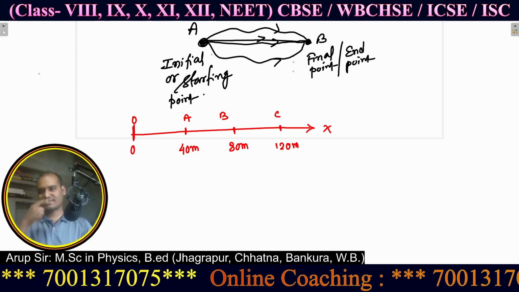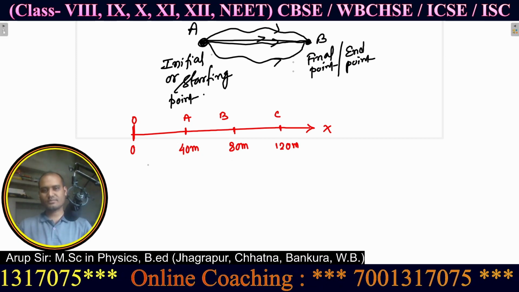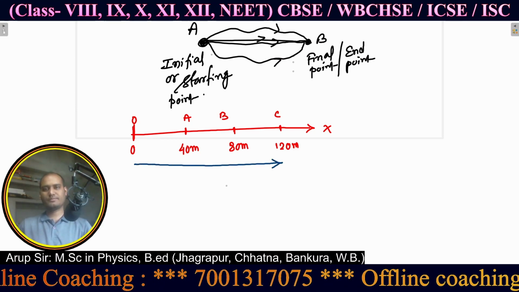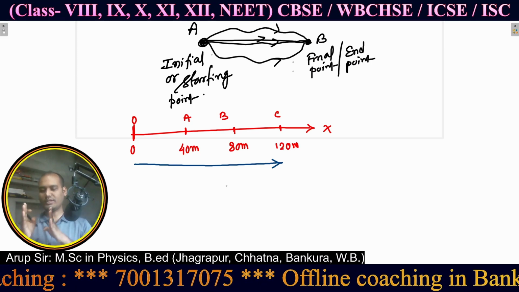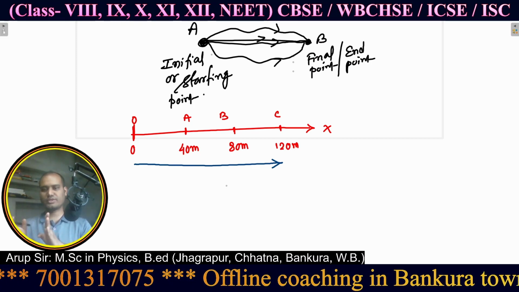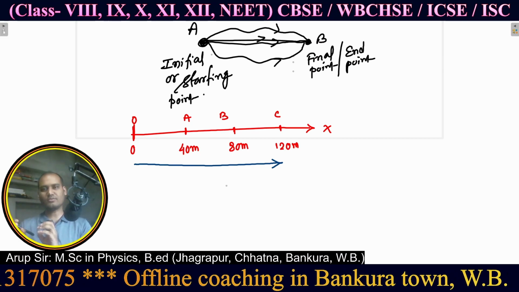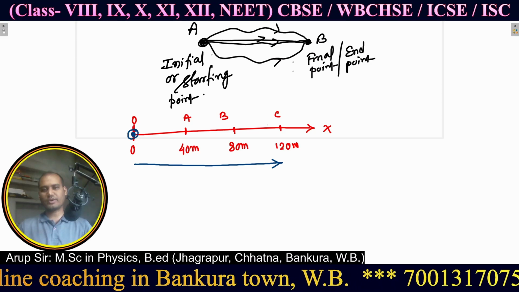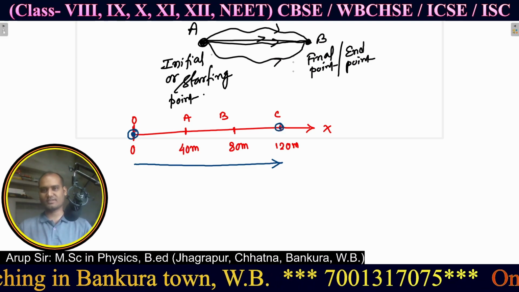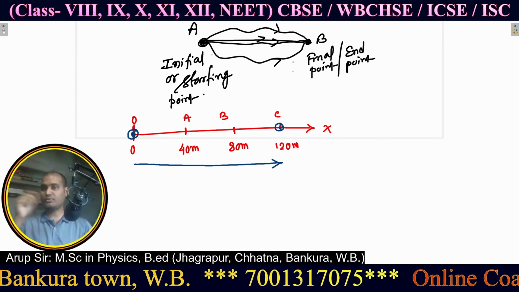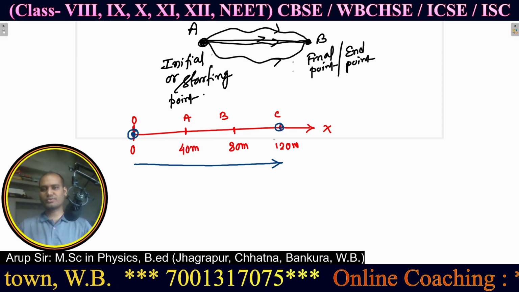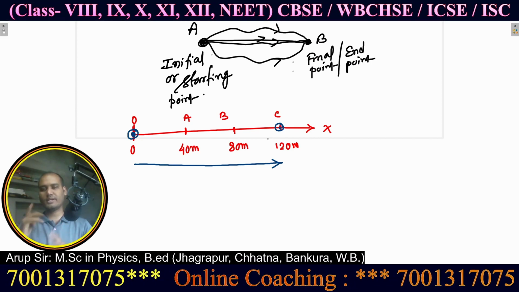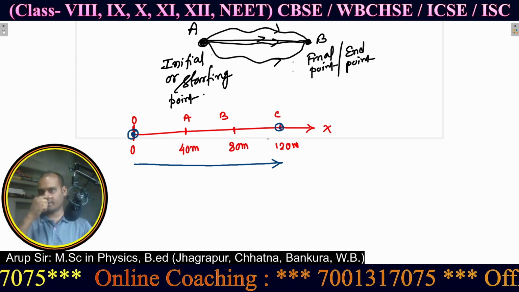If someone says that an object or a car is moving from O point to C point, then what is the value of displacement? The value of displacement is the distance from initial point to final point. So from O to C the distance is 40 plus 40 plus 40, meaning 120 meter, is the displacement.